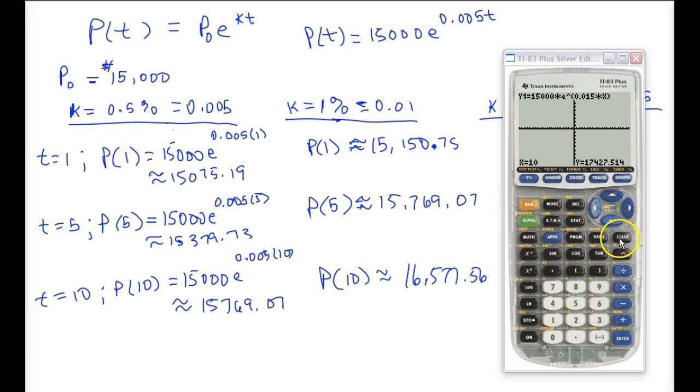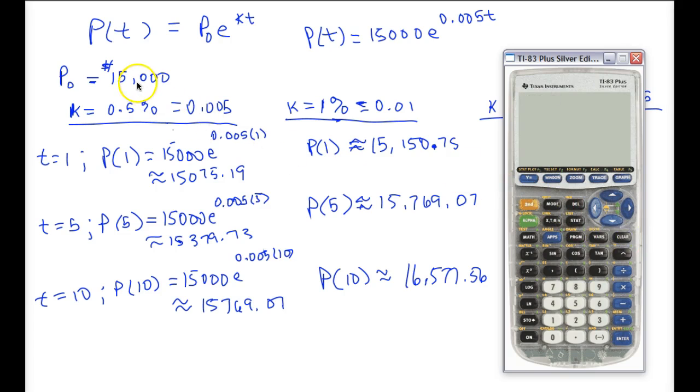So the easiest way to do this is we're going to, of course, find out how much money it is if it's double whatever amount we're talking about. In this case, since we're using $15,000, $30,000 would be the amount that we would have if we were doubling our money. Okay.